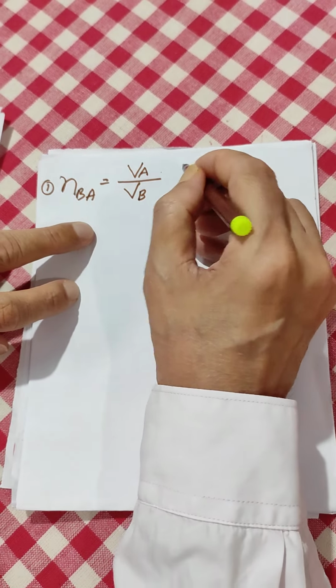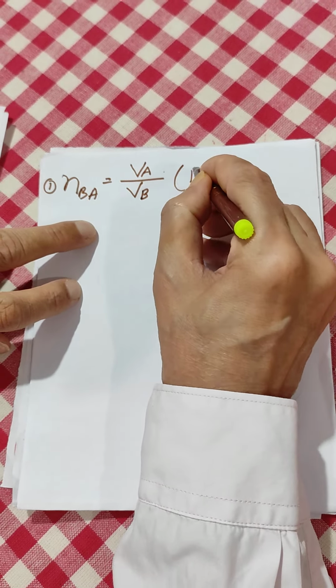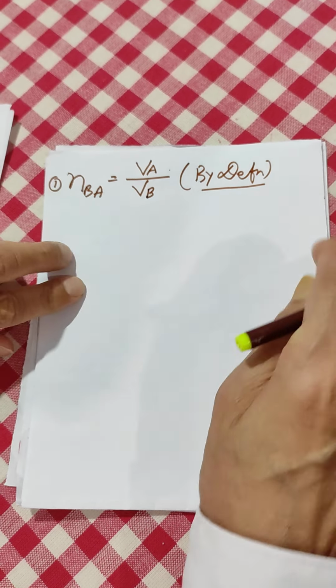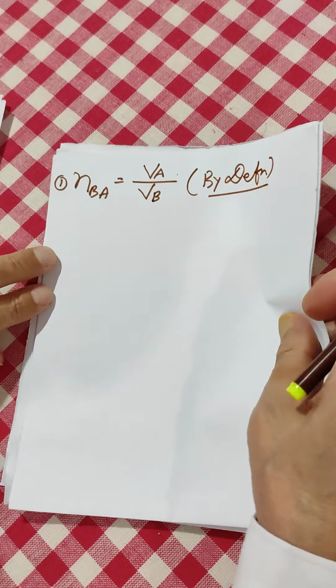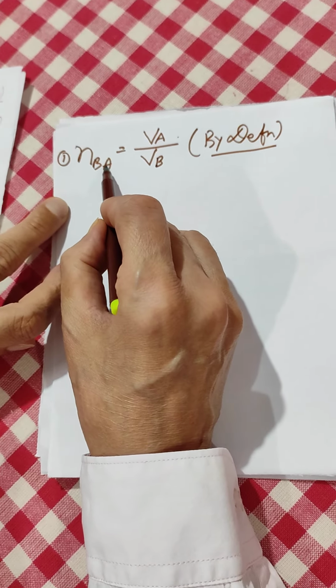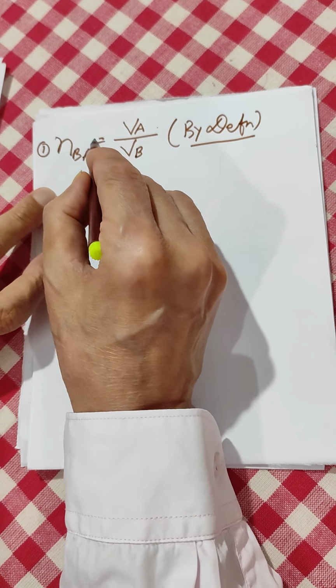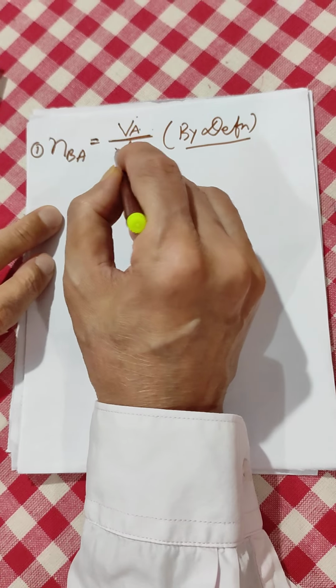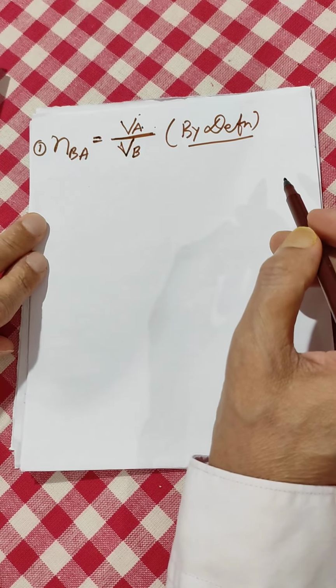All right. Now this formula comes from the definition. That means the refractive index of a certain medium B with respect to medium A is given by what? Is given by the ratio of velocity of light in medium A by velocity of light in medium B.